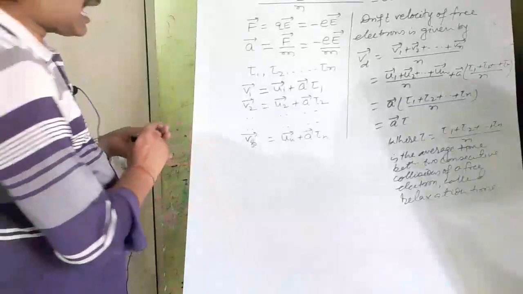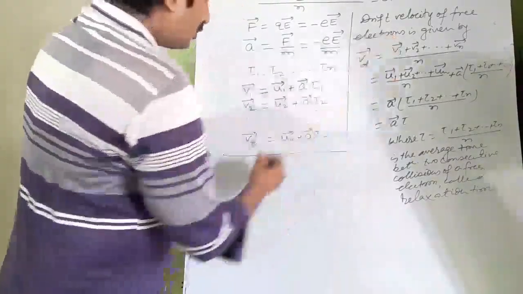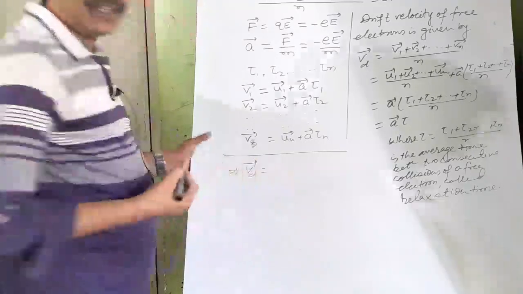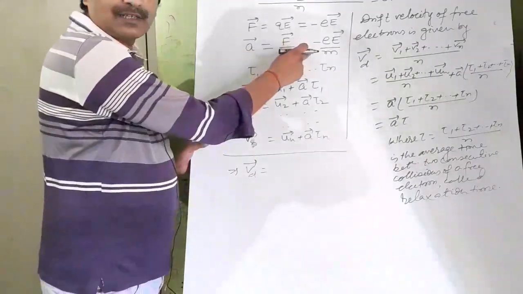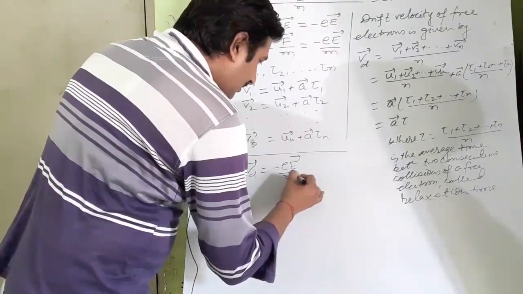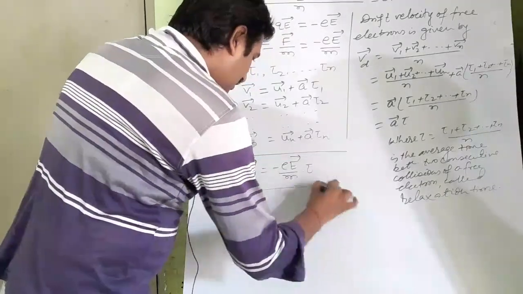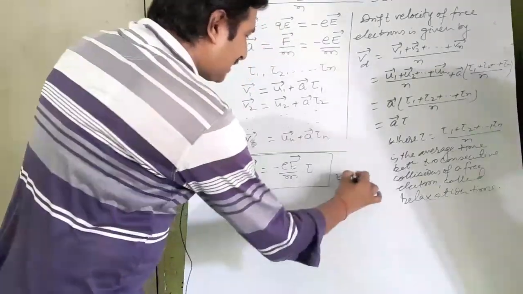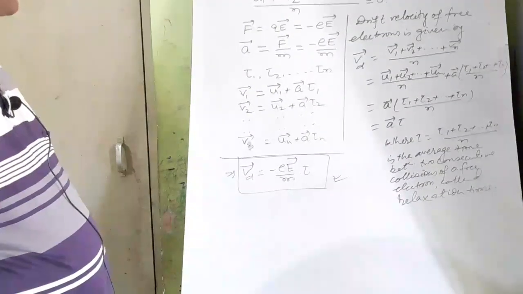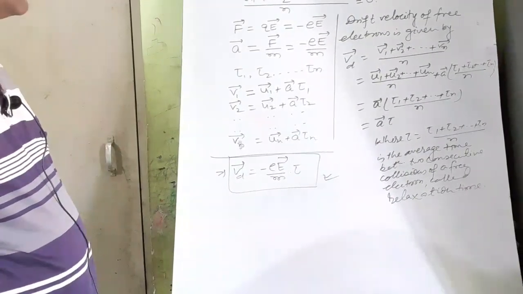Now you can write from here Vd = a tau, and you know a = minus eE by m, so you put the value: Vd = minus eE/m times tau. This is the expression for the drift velocity of free electrons through a conductor.